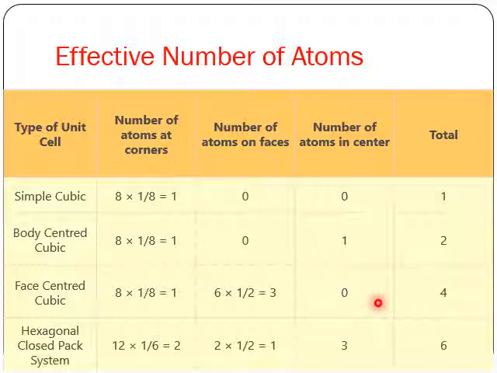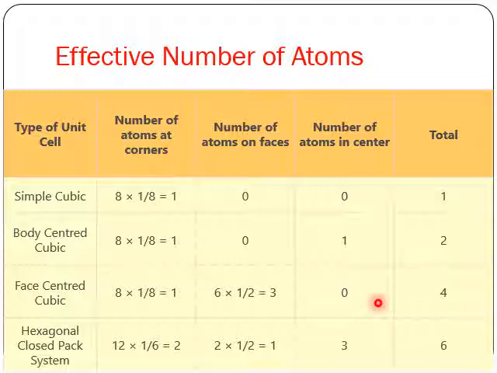So these two: one is the coordination number, where an atom has closest and equidistant neighbors, and the other is the effective number. Even though a cube has 8 corner atoms, all those 8 corner atoms do not belong to a single unit cell. They belong to 8 unit cells.